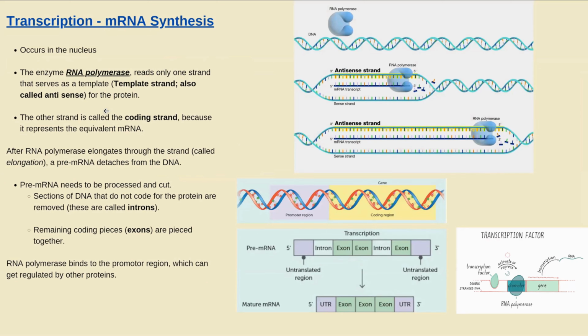Remember, the DNA is double-stranded, right? But both strands don't actually code for the protein. Only one strand codes for the protein. And that side that codes for the protein, sorry, is referred to as the template strand, okay? Or the antisense strand, or the non-coding strand, right?